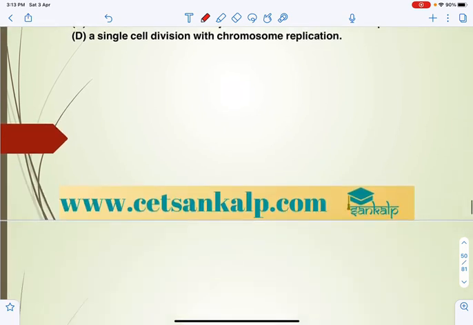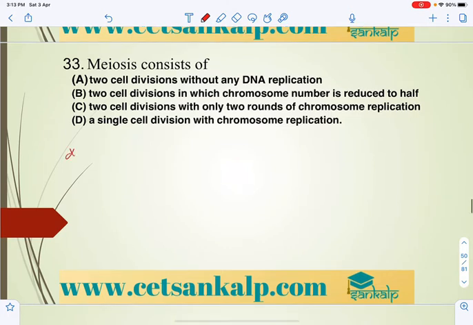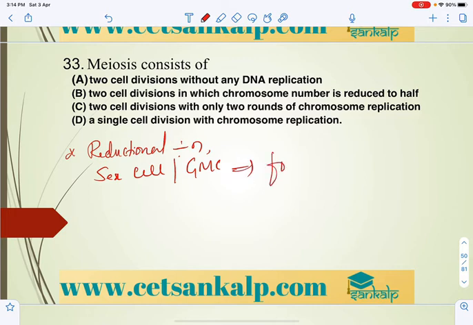Now meiosis. Before going on, let us see what exactly meiosis is. As we all know, meiosis is the reductional division which takes place in sex cells or gamete mother cells, which helps in the formation of haploid gametes.